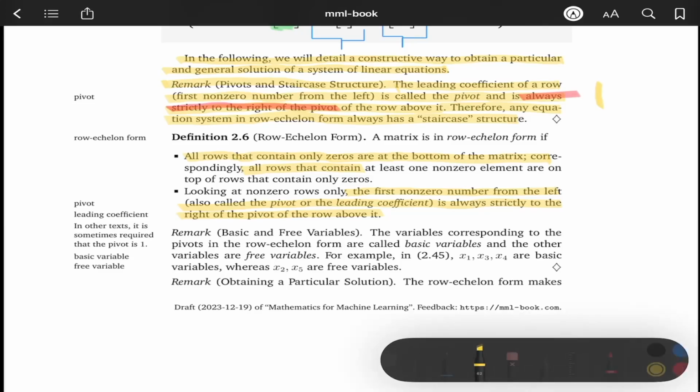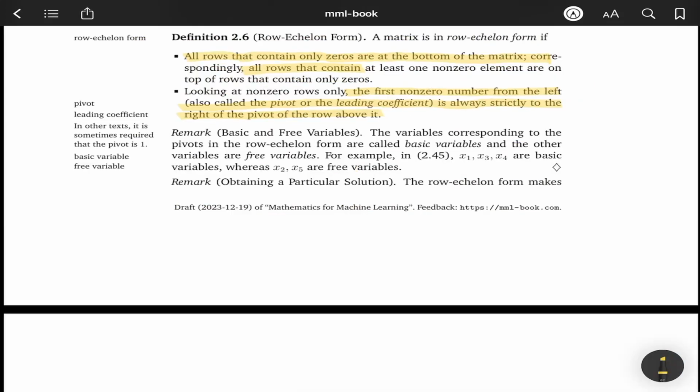Okay, next point, basic and free variables. The variables corresponding to the pivots in the row echelon form are called basic variables, and the other variables are free variables. So we have basic and free variables, and the ones associated with the pivots are the basic variables, and the other ones are free.